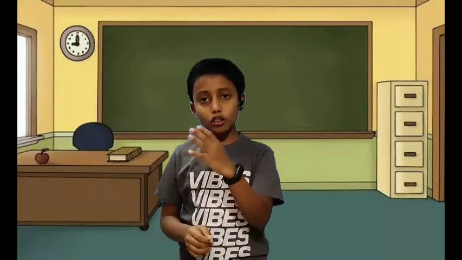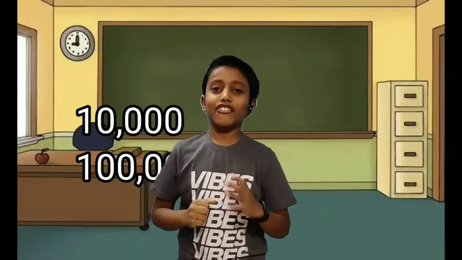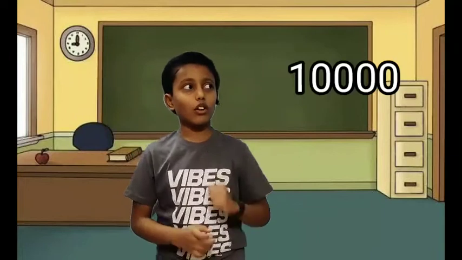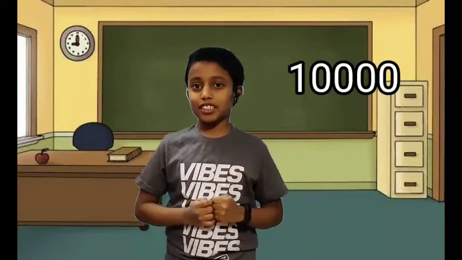To resolve their problem, first we need to understand large numbers. Like, who knows 10,000 can also be 100 hundreds? I will explain it to you. First, we will take 10,000 over here. It is a 1 followed by 4 zeros.